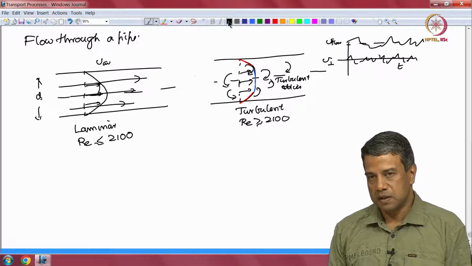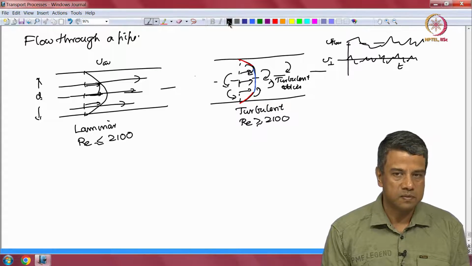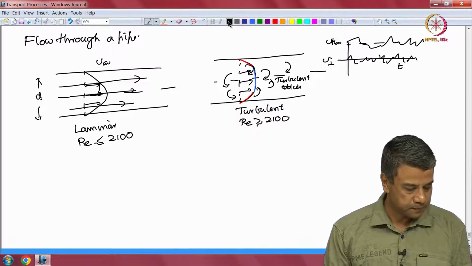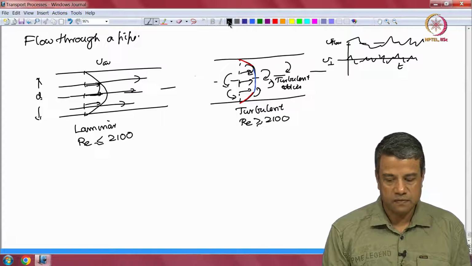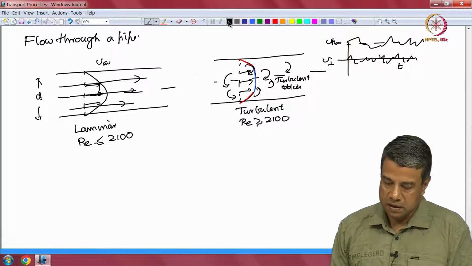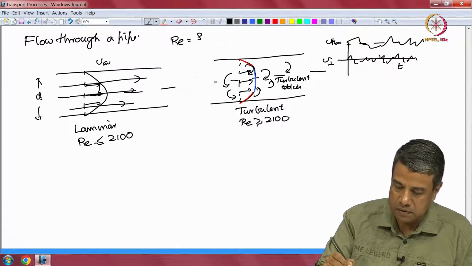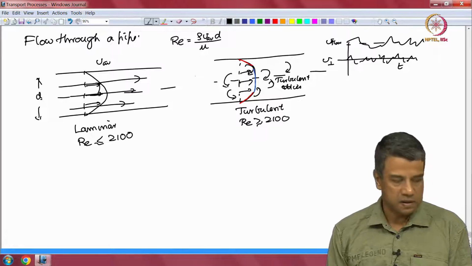The transport due to diffusion is actually small compared to the convection by turbulent eddies. And because of these, the characteristics of these flows are also very different. The Reynolds number in this case, for completeness, is defined as rho average velocity diameter divided by viscosity. That is the definition of the Reynolds number.